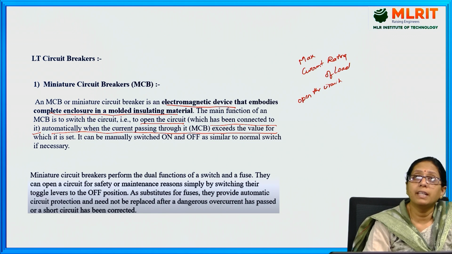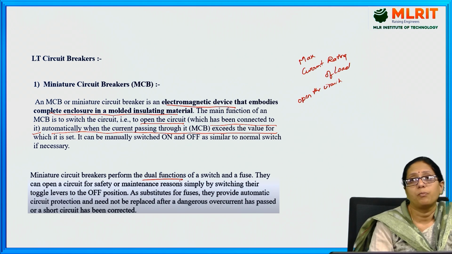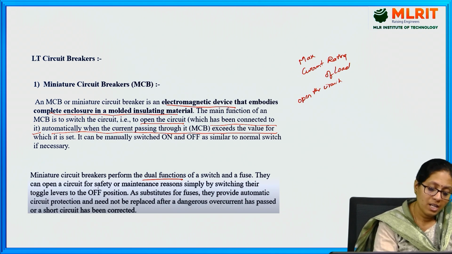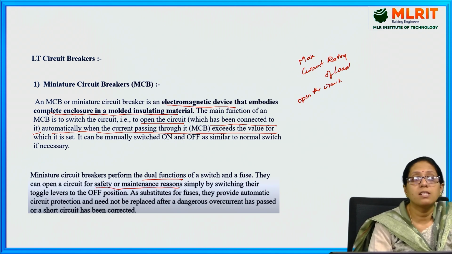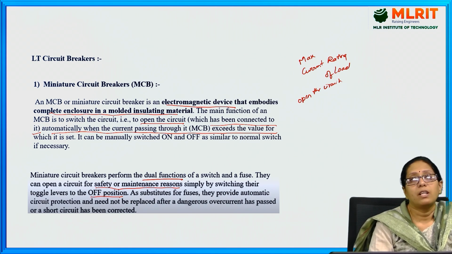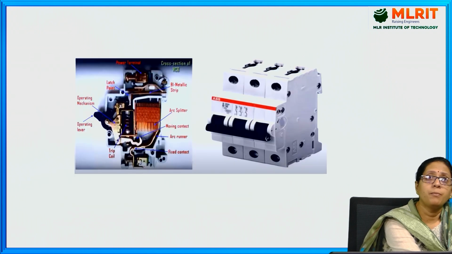to protect the device. The miniature circuit breaker performs a dual function. That means it can be used as a fuse as well as the circuit breaker. They can open the circuit for safety or maintenance reasons, and they can be put in the off state also. So this is MCB.